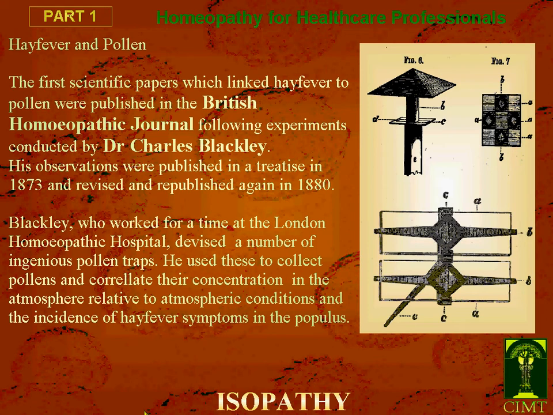The use of isopathy has a long history, and the link between pollens and hay fever was established scientifically by a homeopath. In the 1870s and 1880s, Dr. Charles Blackley was a consultant at this hospital, and he erected pollen traps on the roof of the hospital and sent other pollen traps up on kites, which collected pollen grains which could then be counted in a grid. He was able to take pollen counts from the air and correlate them against the symptoms that the hay fever sufferers had.